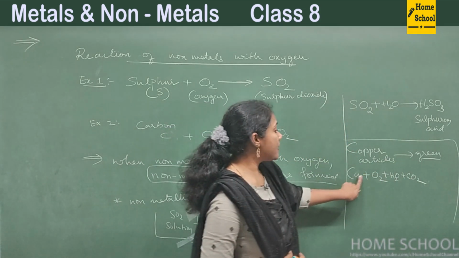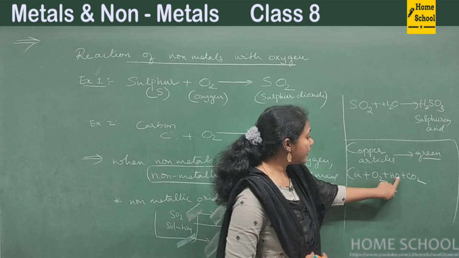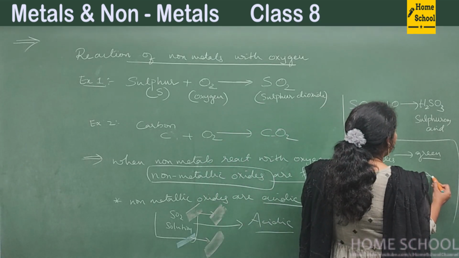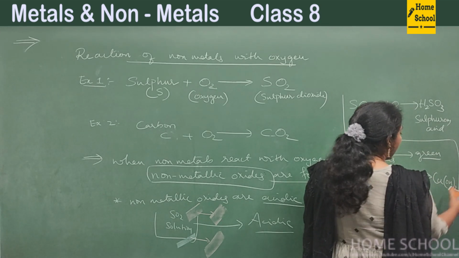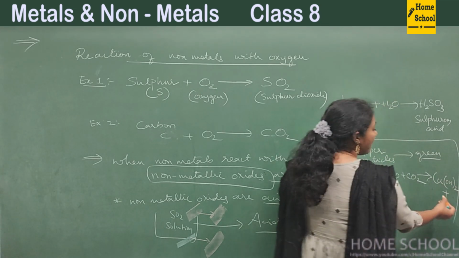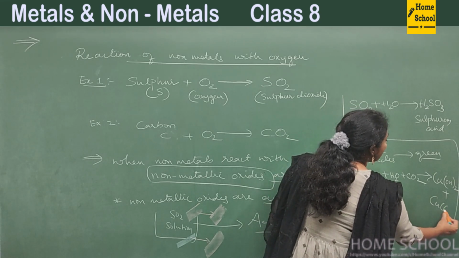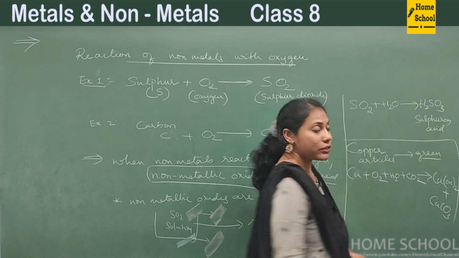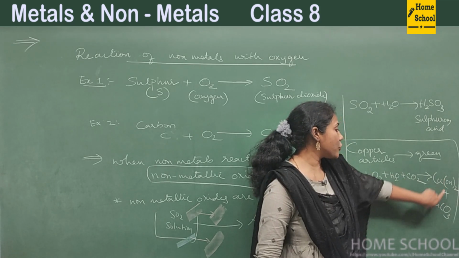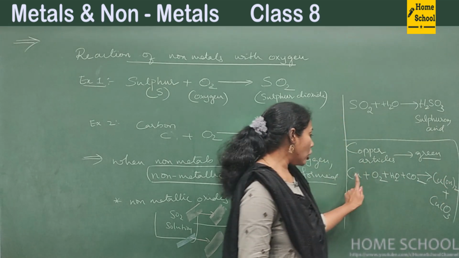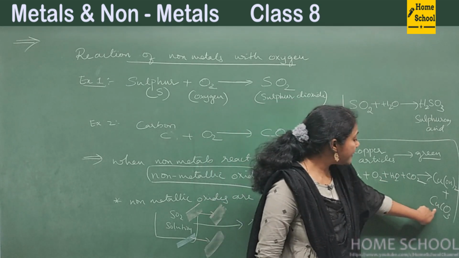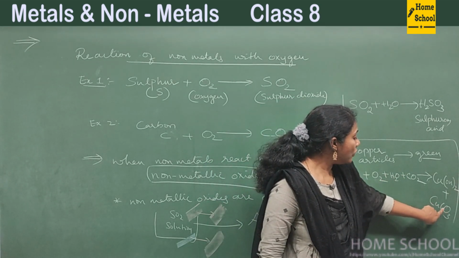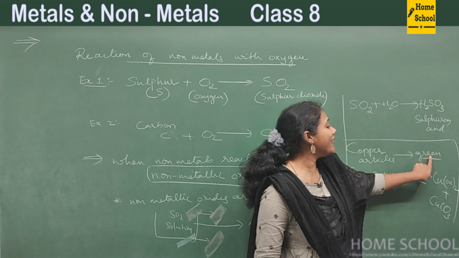Copper reacts with oxygen, water, and carbon dioxide, and you will get copper hydroxide as one compound, and copper carbonate as another compound. So two new substances you are getting when copper has reacted with all these things. This copper carbonate is the green color.